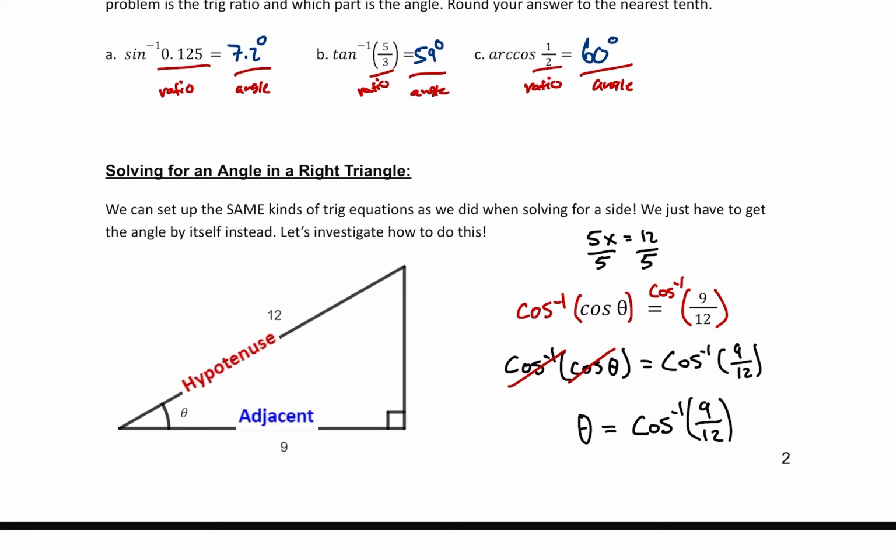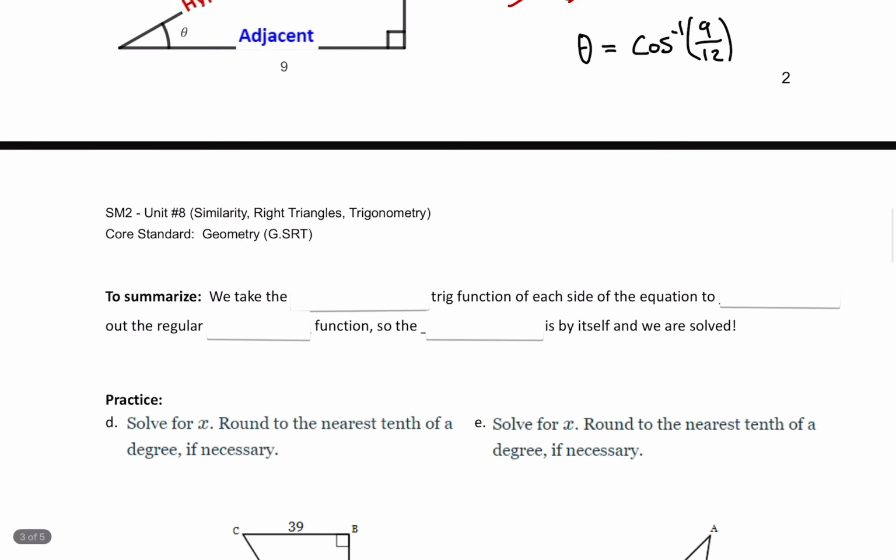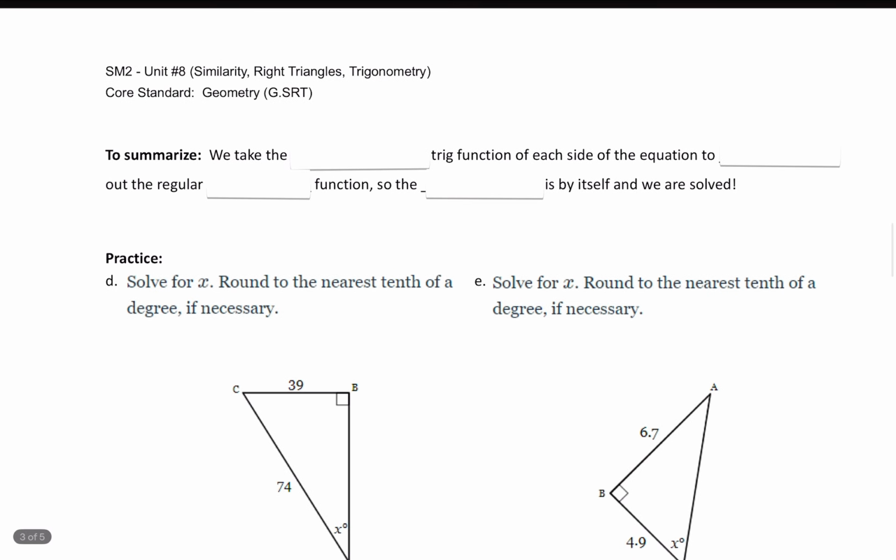And now this is just a number that I can put in my calculator and I can solve for theta. This question doesn't tell us to solve for theta, so I'm just going to leave it as is. But on the next couple examples, it is going to ask us for those. So to summarize, we take the inverse trig function of each side of the equation to cancel out the regular trig function, so the angle is by itself and we are solved.